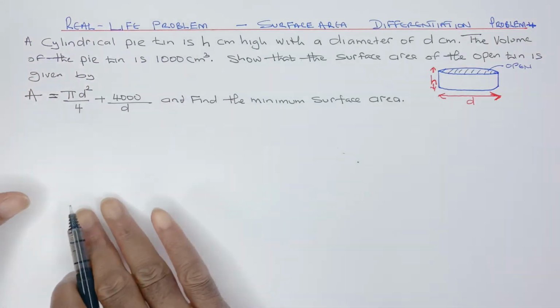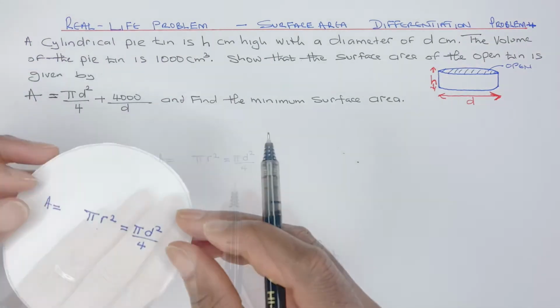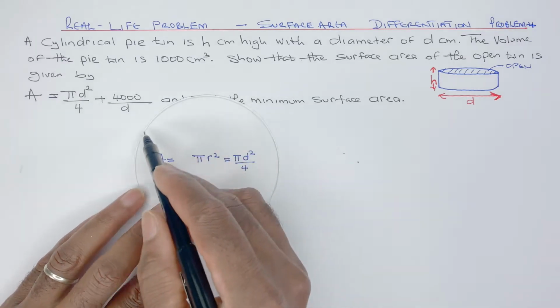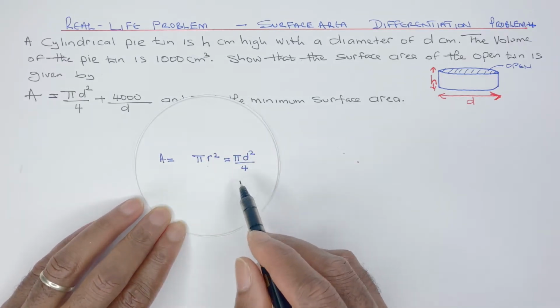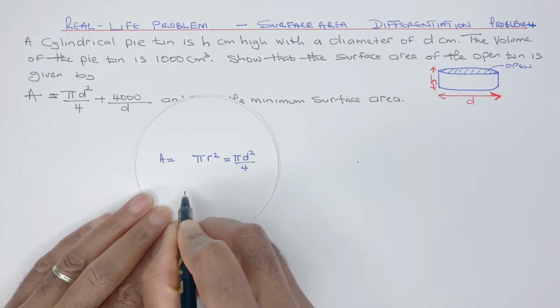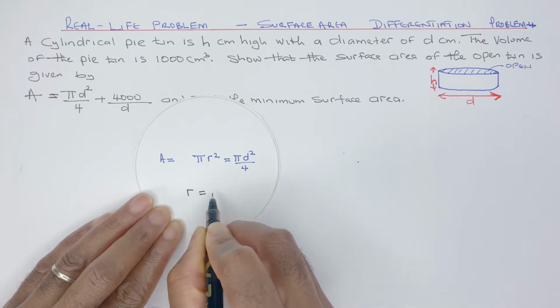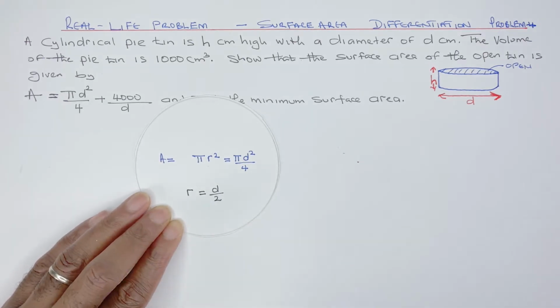And the area of the base will be pi r squared, because it's a circular base. And we know that r is d over 2.